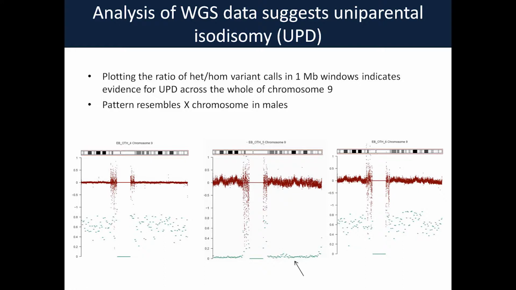So they've got normal copy number, 2 chromosomes, but they're actually just the same chromosome twice. These are the parents on either side again for comparison.